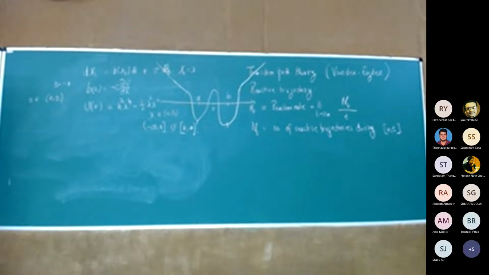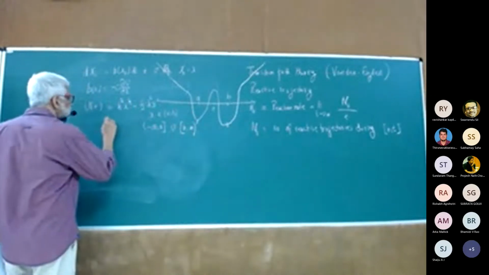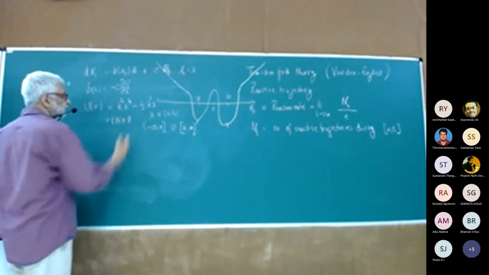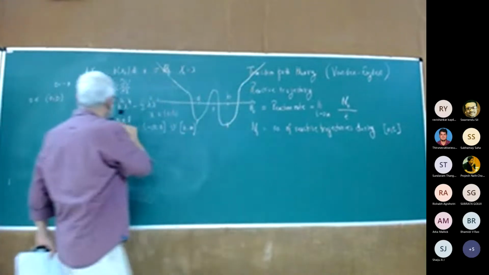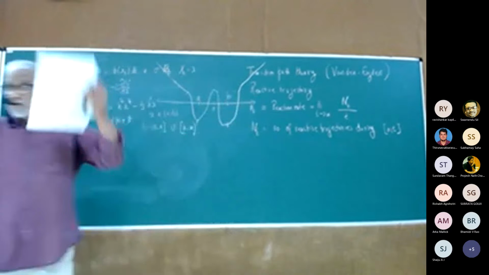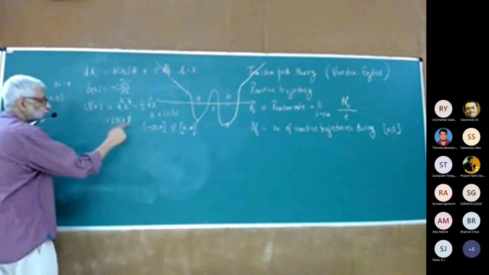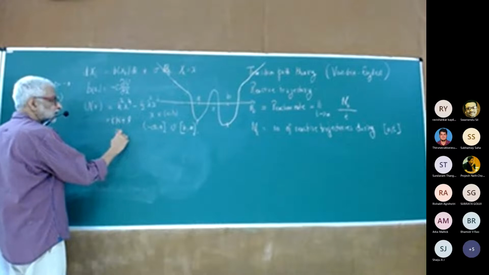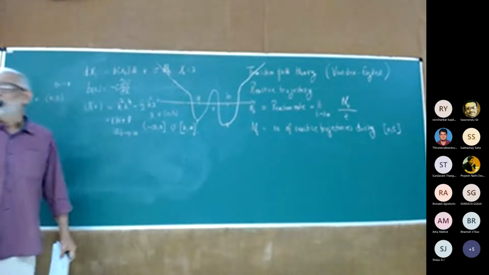We choose the functions so that this is equal to K mod X plus some L. So for X slightly less than A and slightly bigger than B, symmetric, the potential is like K times mod X plus L, for mod X going to infinity.